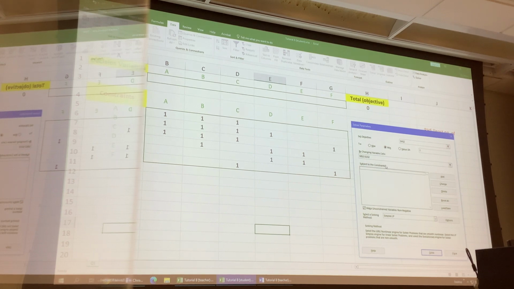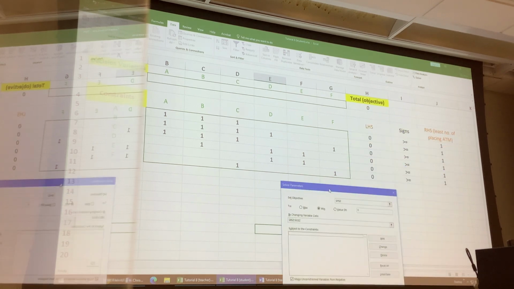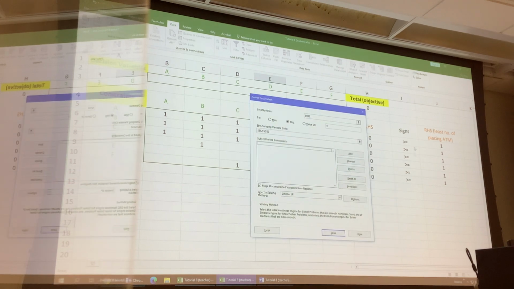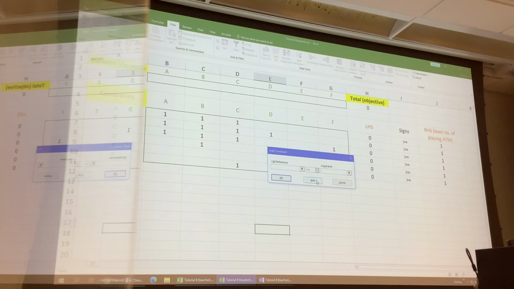Okay, so let's go to the constraints. As you may know, all these constraints are in the same signs, right? Smaller or equal to smaller, bigger or equal to bigger. So we can group them together, so we do not have to input them one by one.